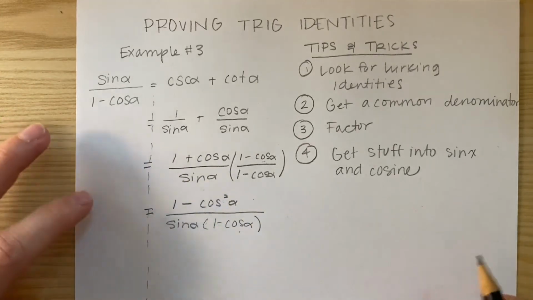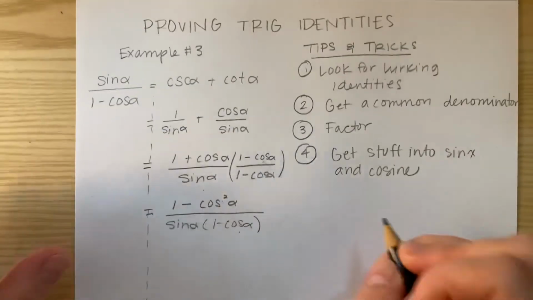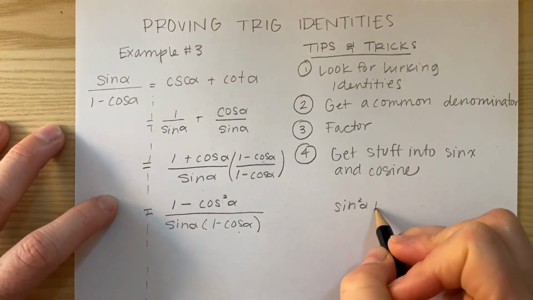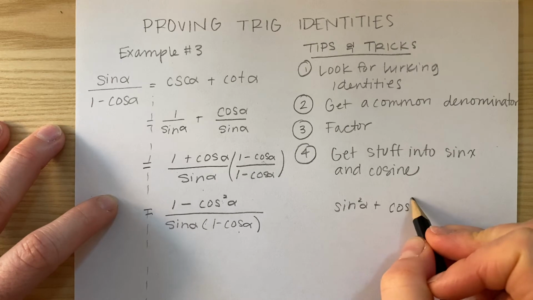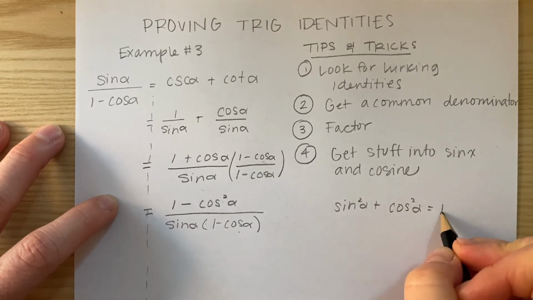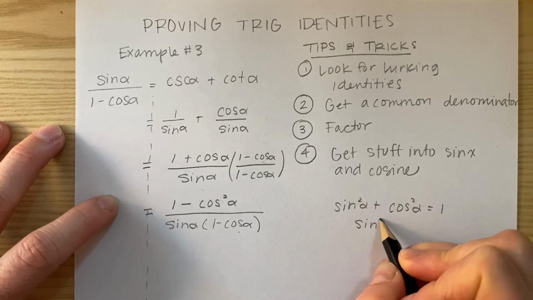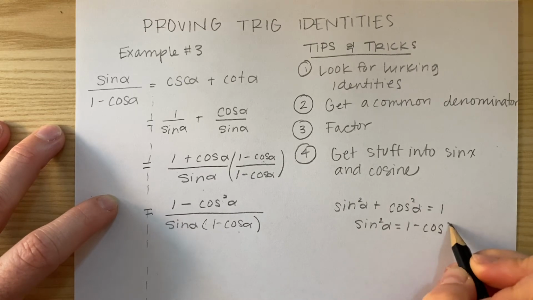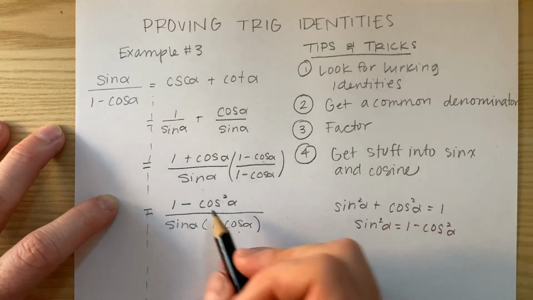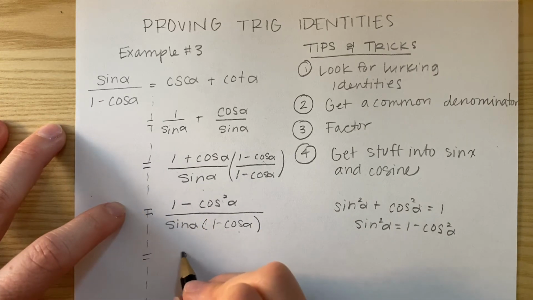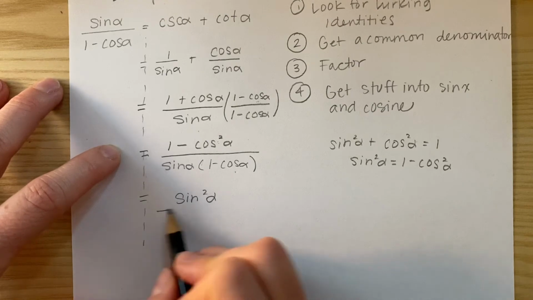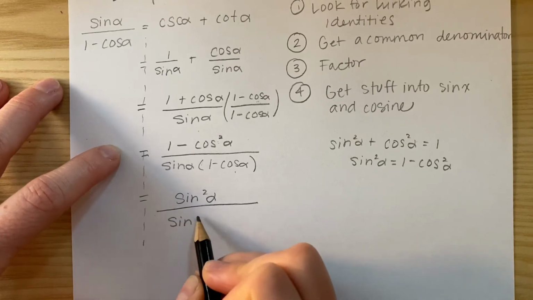Well, if I think about the Pythagorean identity, sine squared alpha plus cosine squared alpha is 1. That means sine squared alpha is equal to 1 minus the cosine squared of alpha, which means that that's sine squared alpha over sine alpha times 1 minus cosine alpha.